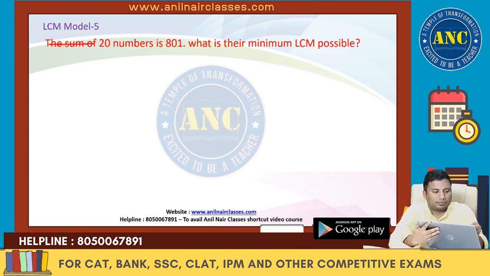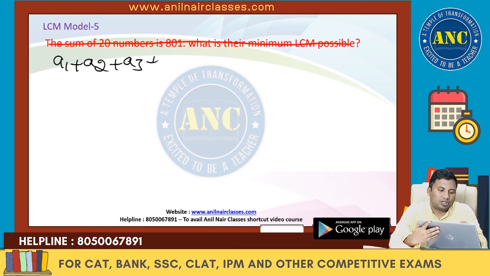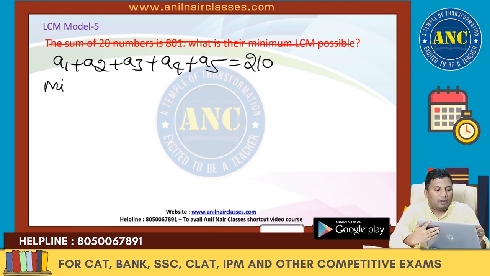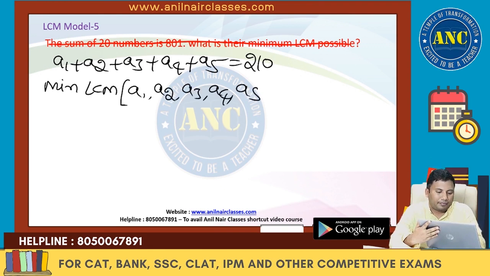Question is: A1 plus A2 plus A3 plus A4 plus A5 equals 210. Find the minimum LCM of A1, A2, A3, A4, A5. Minimum LCM.